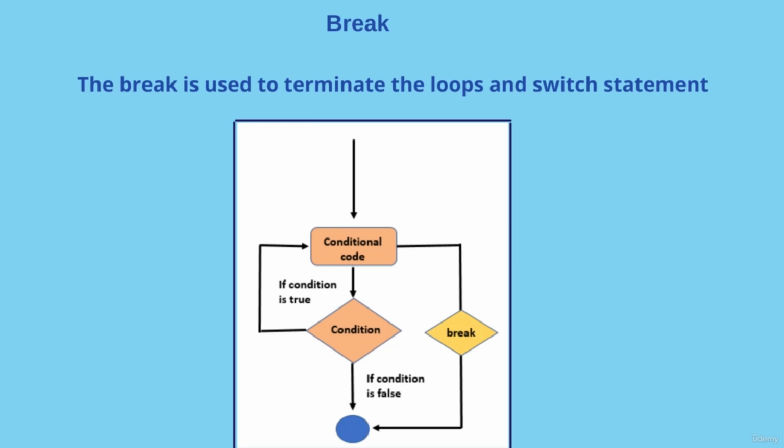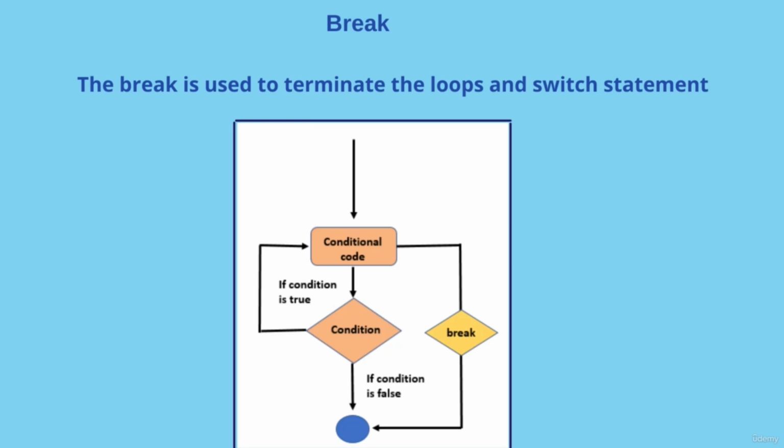But apart from that, if at any time during the execution of the loop a break statement gets executed, it will also terminate the execution of the loop, whether the condition is still true or false. Maybe the break would have its own condition that you can pass inside the loop. So this break can terminate the switch statement, which we have already seen, and it can also terminate loops, which we'll see now.